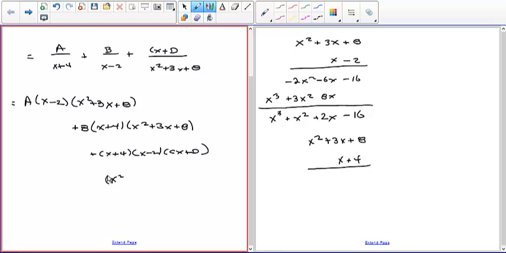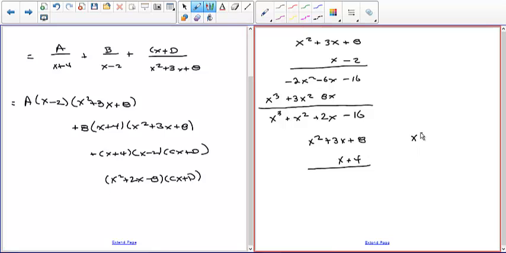So you get x squared plus 4x minus 2x, so that'd be plus 2x minus 8, times Cx plus D. So you'd have x squared plus 2x minus 8 times Cx plus D, and then you multiply that out.